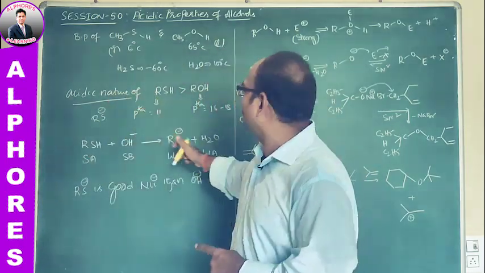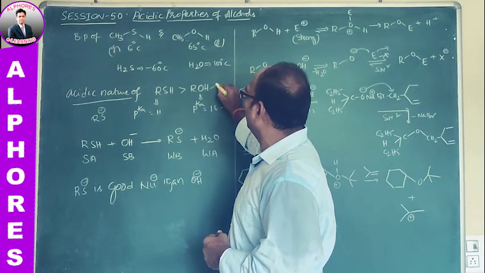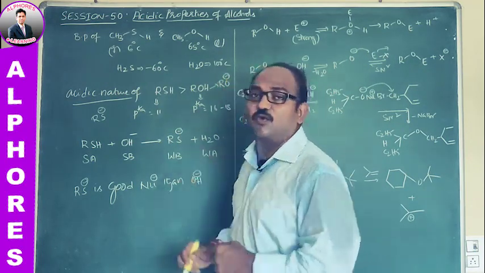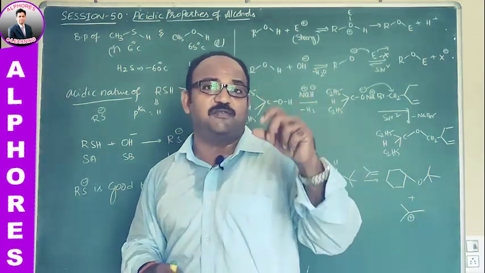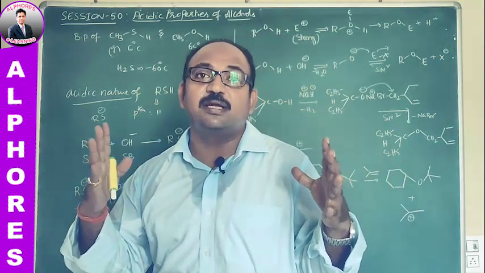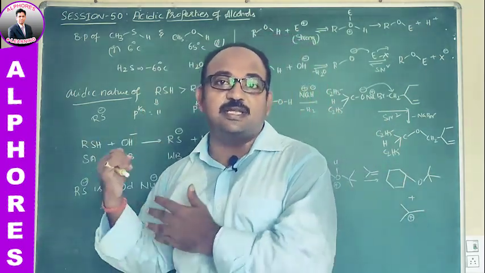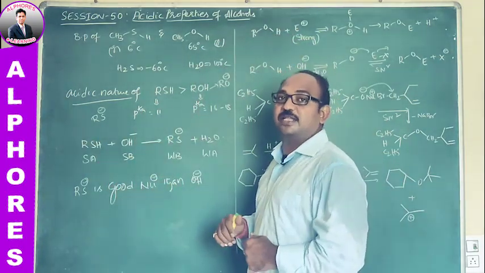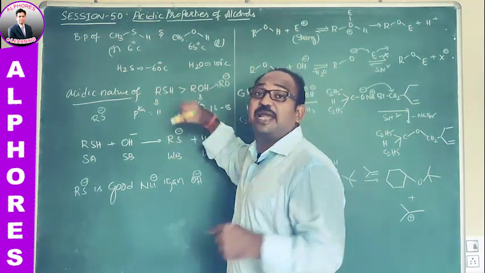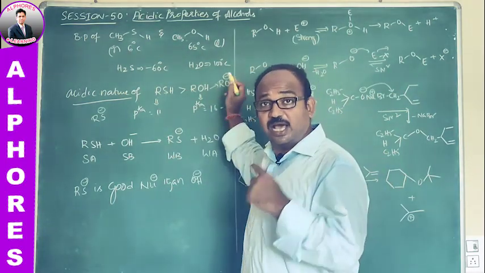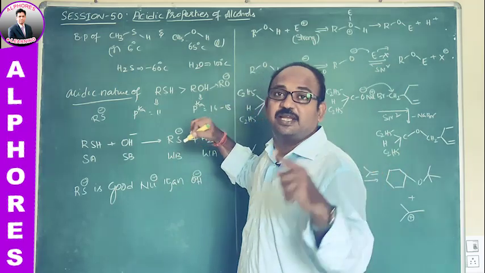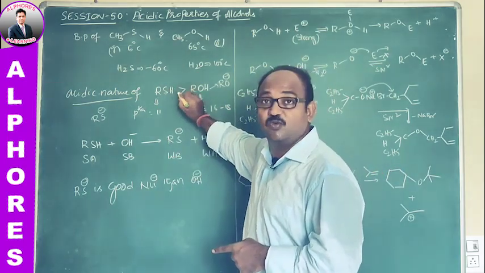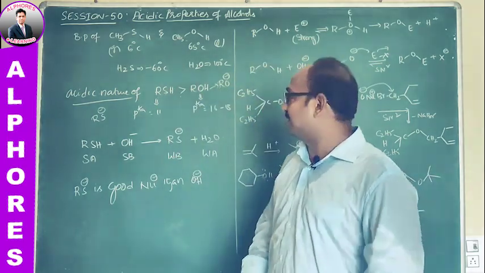Whereas in alcohols, after losing a proton, we get RO minus, and because of the small size of oxygen, its charge density is more and stability decreases. That's why RS minus is more stable than RO minus, and that's why the acidic nature of RSH is more than ROH.